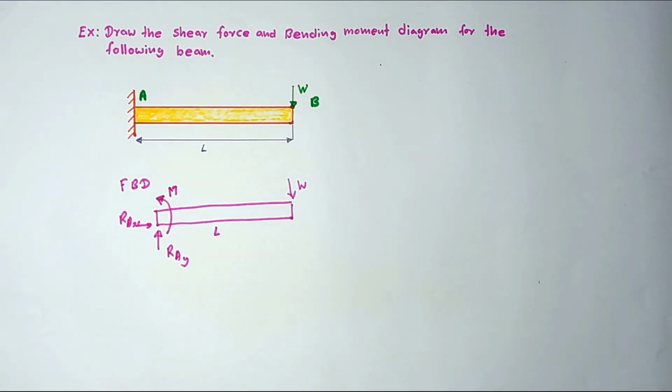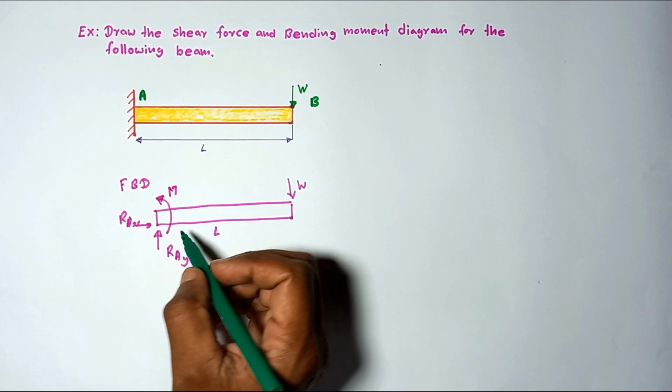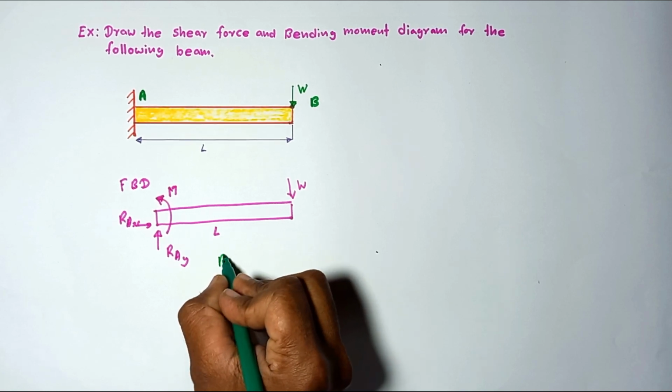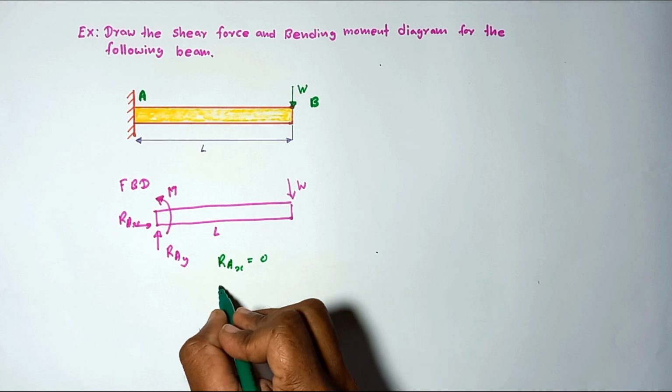So by resolving the forces we can find the unknowns. By resolving forces in the horizontal direction, we can directly find R_AX is equal to 0.